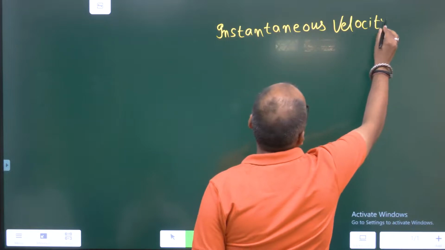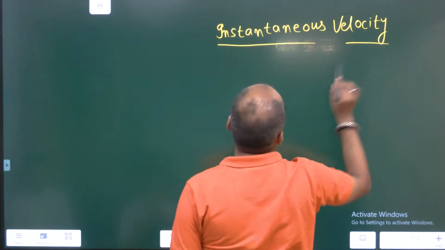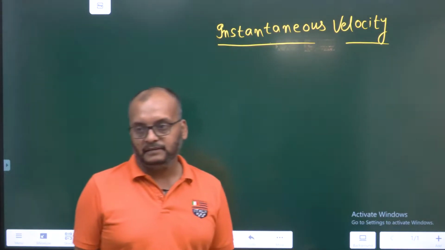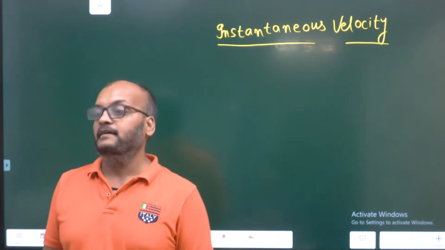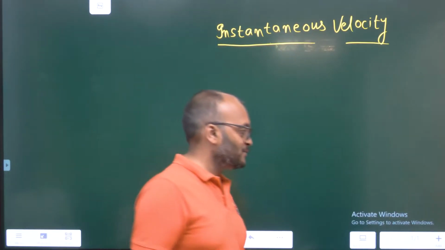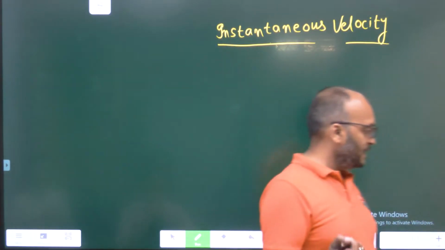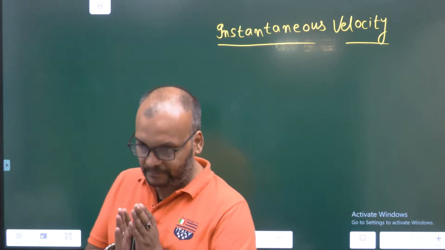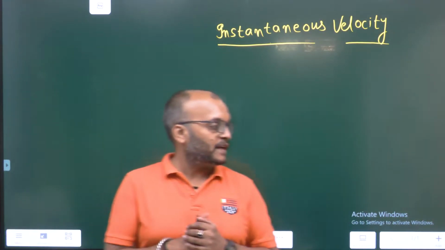So first of all, instantaneous velocity. What is the meaning of instantaneous? At one point in time, at an instant. Instant means for a very small period of time.